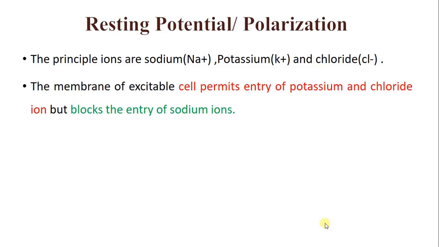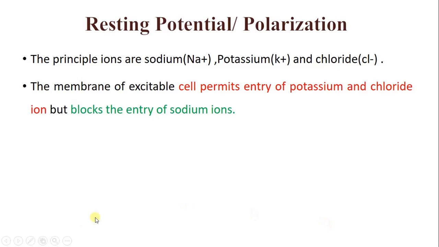The membrane of an excitable cell permits entry of potassium and chloride ions, while it blocks the entry of sodium ions. As I told you, the cell is surrounded with a semi-permeable membrane, which allows only certain kinds of ions to pass, while it blocks certain ions outside the cell itself.